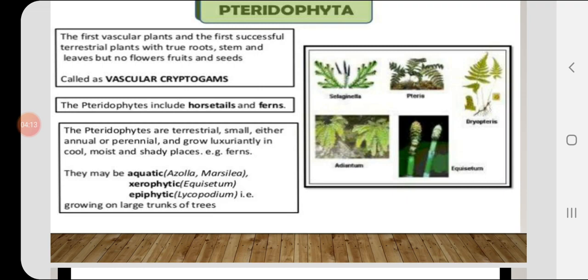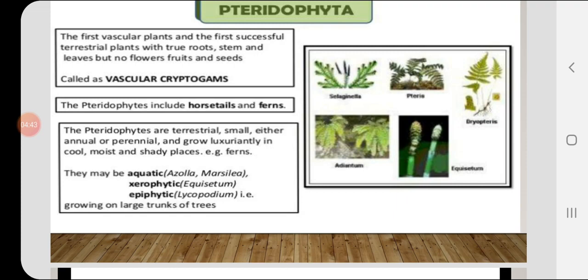Some of the pteridophytes may be xerophytic. Xerophytic means the plants that grow in desert areas. An example for such type is Equisetum. And some of the pteridophytes may be epiphytic. Epiphytic means the plants that grow on other plants. An example for this is Lycopodium, growing on the large trunks of trees.